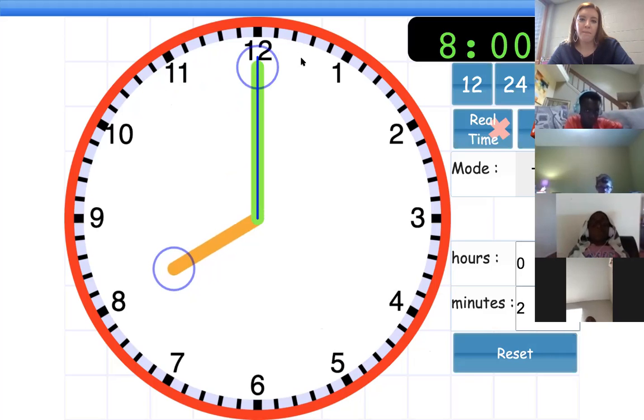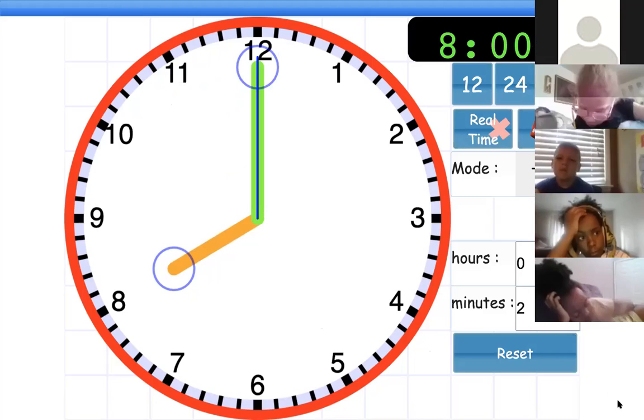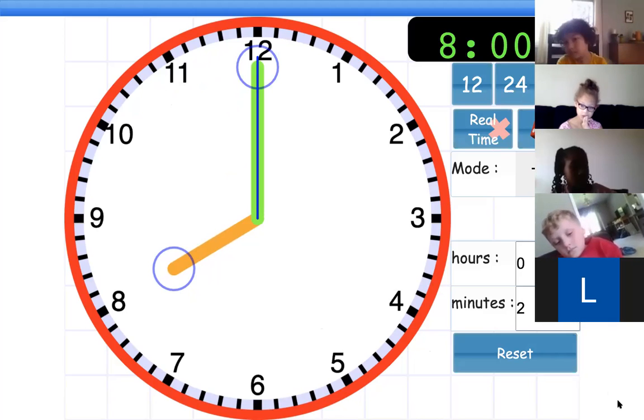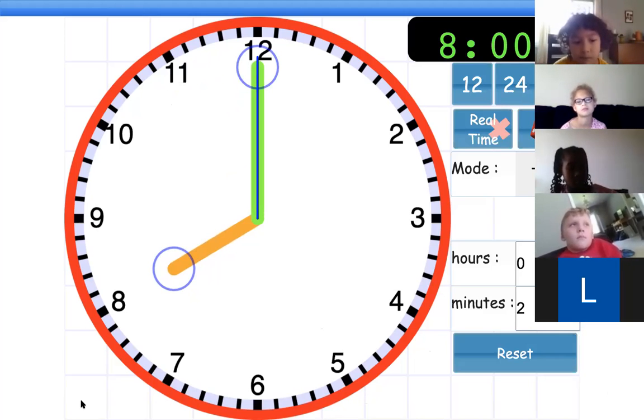Okay. So now I think we have remembered what the numbers mean on a clock. What would my clock look like if it were 9 o'clock?